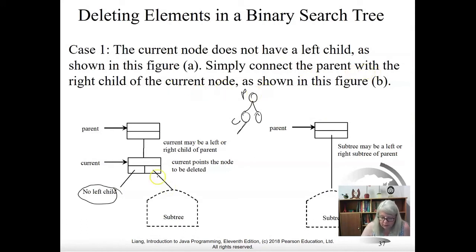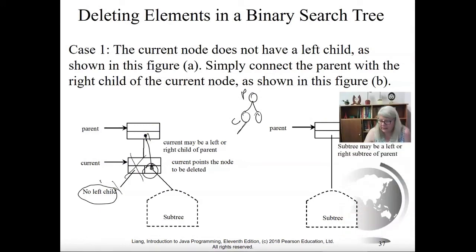So the idea is that because the current node is now deleted, that right child becomes the left of that parent. Okay, can you see this is what's happening? And it can be the right or the left subtree, depending if it's bigger or smaller than the parent.